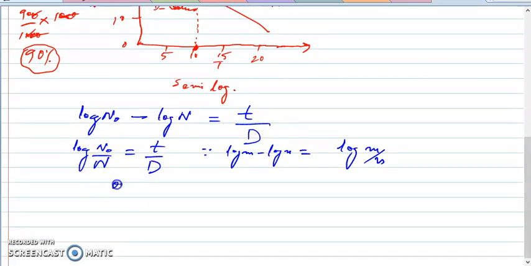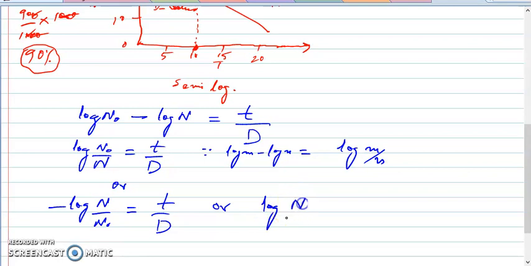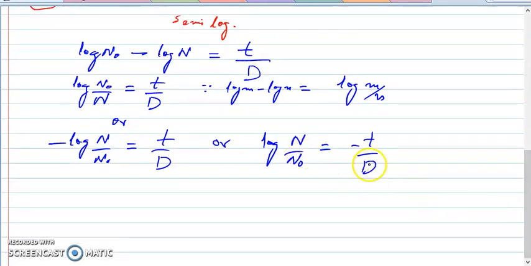Or we can write this as log N divided by N naught. We can reverse it, but a negative sign will appear here, equivalent to t divided by D. Or we can write it as log N divided by N naught is equivalent to minus t divided by D. We have shifted the negative sign from this side to this side.